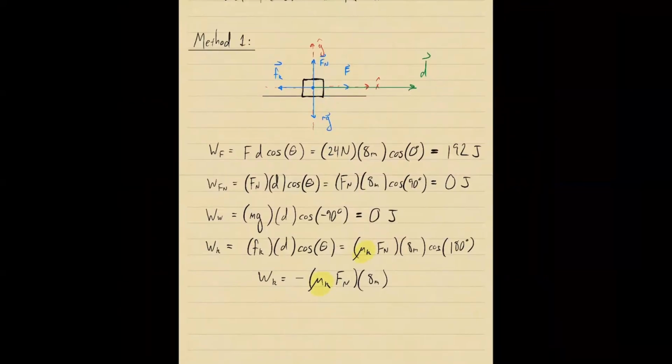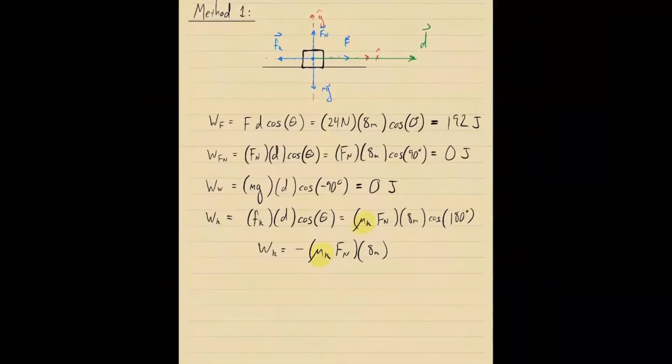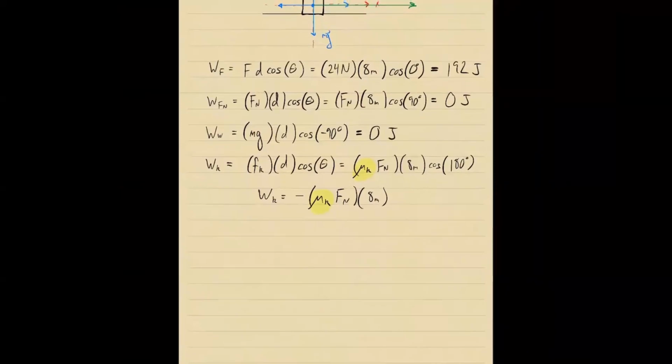So we've calculated the work done by every single force in this problem, and we can use the work energy theorem to add all these together, and that'll tell us the change in our kinetic energy, right? So the net work done is just the work done by adding all these works together.